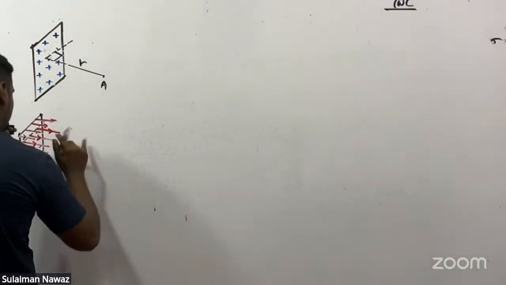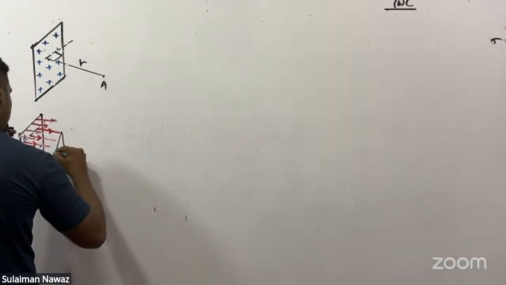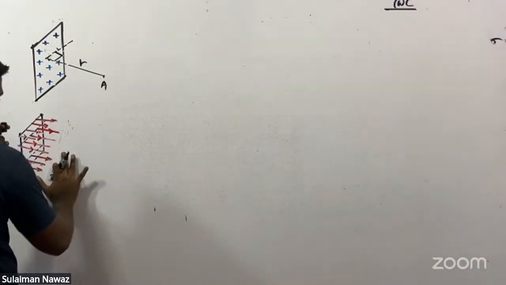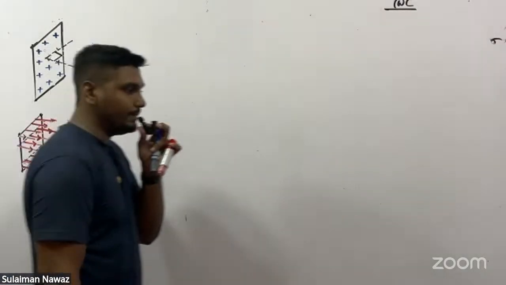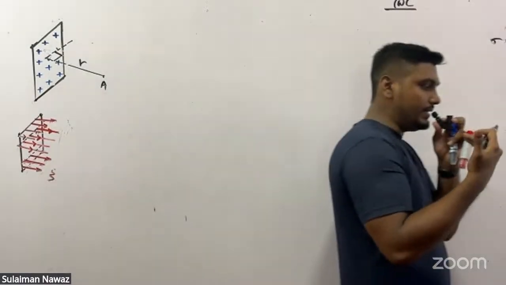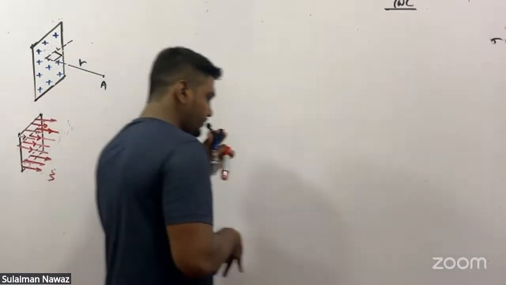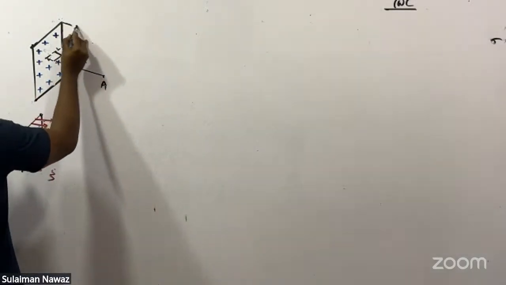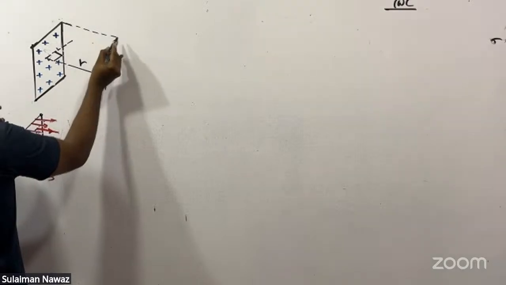If you select a triangular area, remember, they are always perpendicular to electric field lines. I don't know how many of you understand. Therefore, it can be any shape in this scenario.